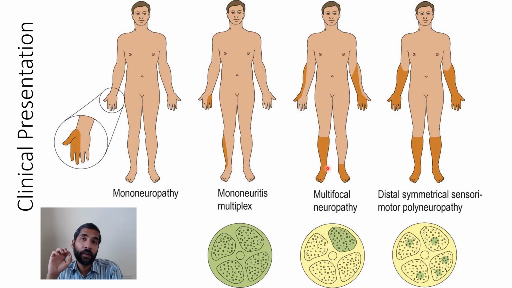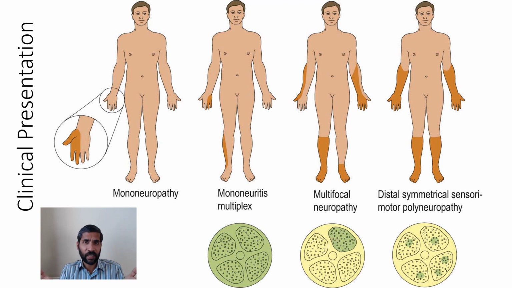You can have one nerve which is damaged because of some reasons. You could have a problem at the spinal cord level. You could have a problem at the brain level. Or you could have, for example, a nerve and a part of the nerve that is not working very well for some reason, or you may have a symmetrical problem on both sides of the body.